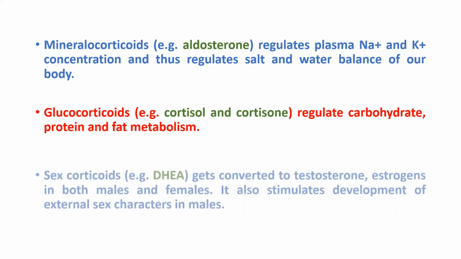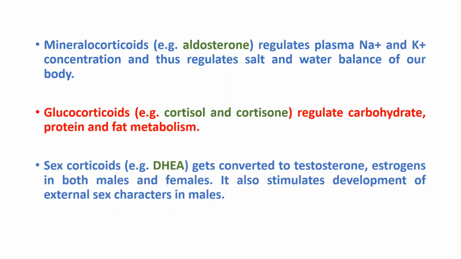Now, the third kind of hormone is sex corticoids. DHEA is the main sex corticoid in our body. DHEA means dihydroepiandrosterone. Now, in both male and female bodies, DHEA gets converted to testosterone and estrogens.